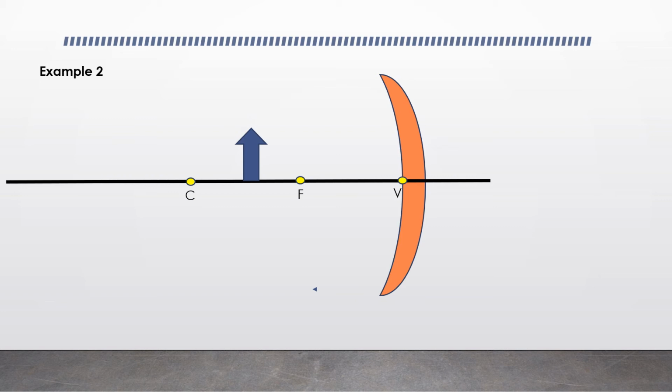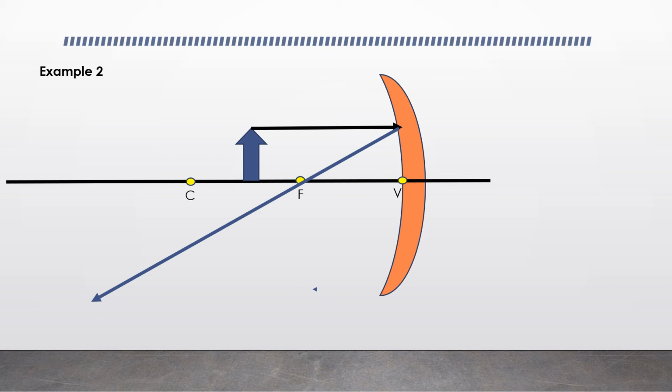Let us apply the principal rays and the ray diagramming steps. First, P to F. P means the incident ray should be parallel to the principal axis, and the reflected ray should pass through the focus.